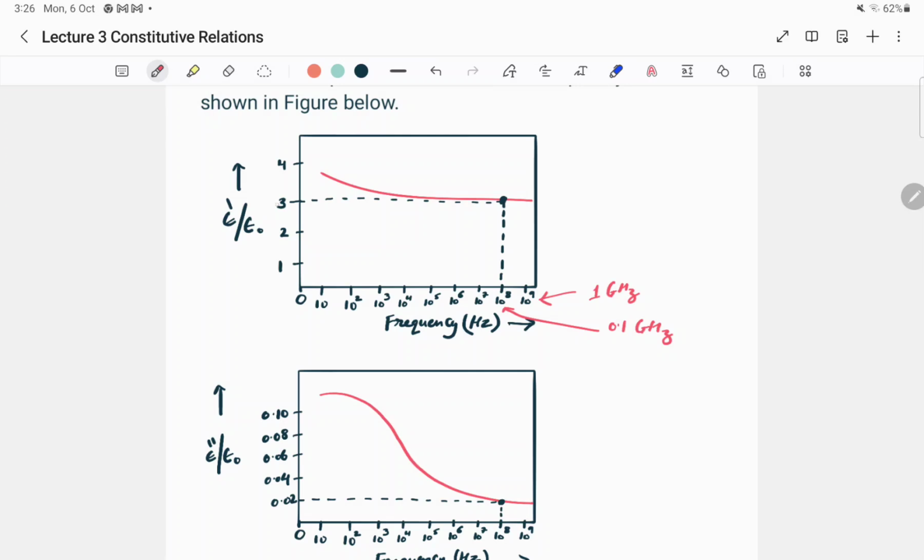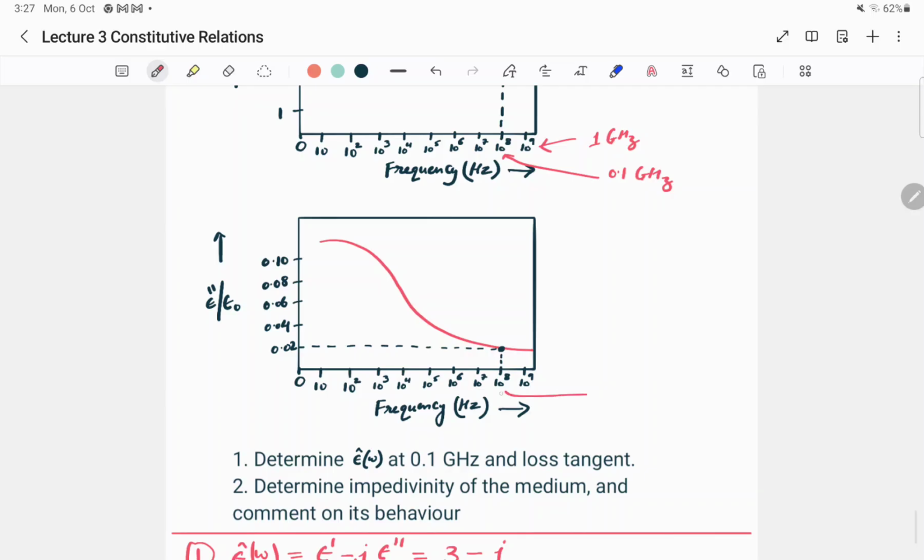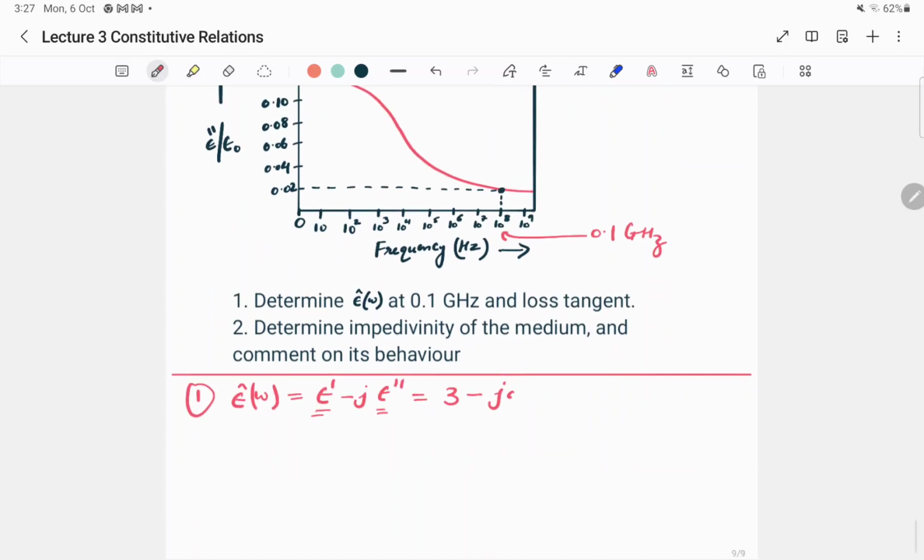At this point the value of epsilon prime is 3, so 3 minus j epsilon double prime. At 0.1 gigahertz, the value of epsilon double prime is 0.02.